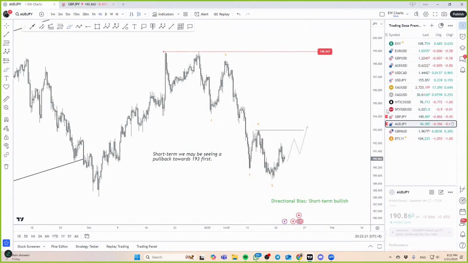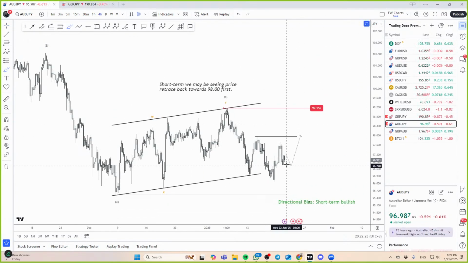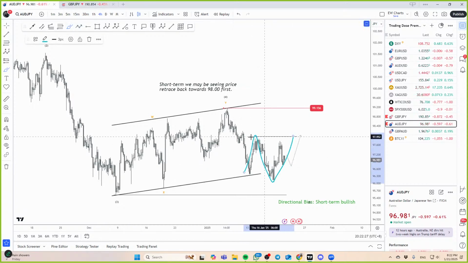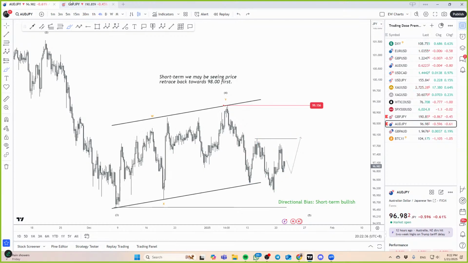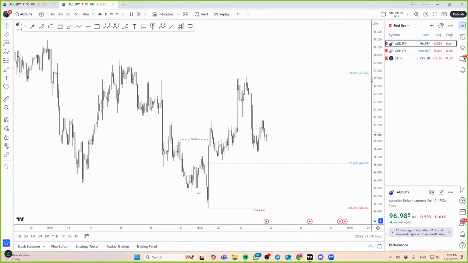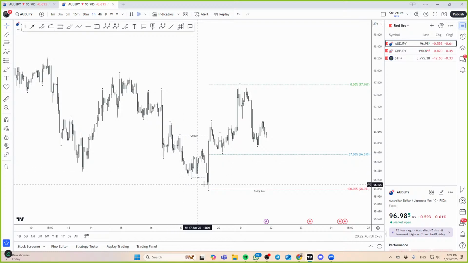I mean, even on Aussie yen, short term to the upside, looking at this as a possible wave structure here for more downside, right? Short term upside. That's definitely an opportunity available, right? Again, if I go down to Aussie yen, right, you have that smaller sweep, change of character, you have the break of structure, a pullback, and then look for the trade.